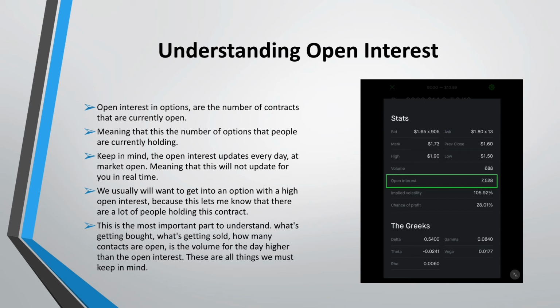If no one is buying, if it's times zero, there's most likely going to be a $0 bid, and there's always going to be someone selling that option. So there's always going to be an ask at whatever the price may be, and there's always going to be an ask size. There's always going to be a seller for an option. Either there's going to be a person, or it's going to be the market that sells it to you, the market maker, in that situation.